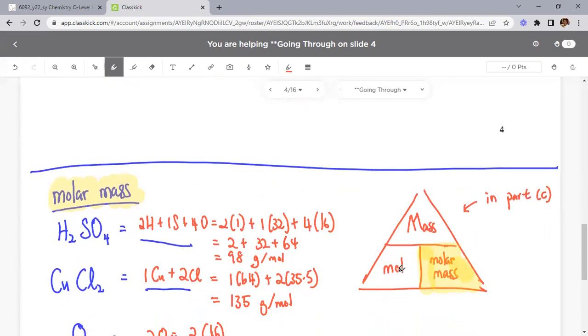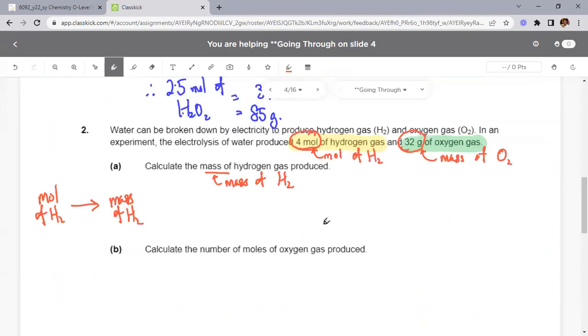Let's go back to the triangle. If I have mole and I want mass, what I need is the molar mass. Mole times molar mass gives you the mass. So this is the step I'm going to take: mole multiplied by molar mass gives me the mass of H2.